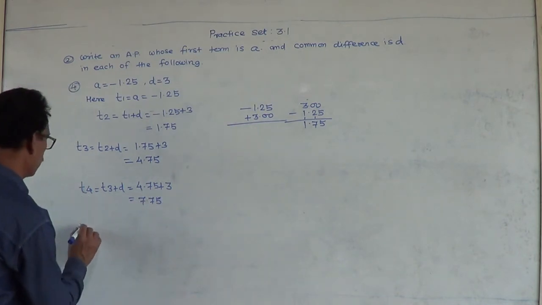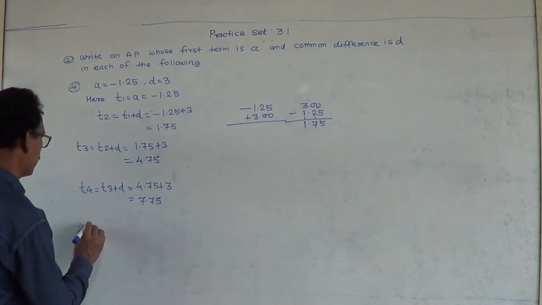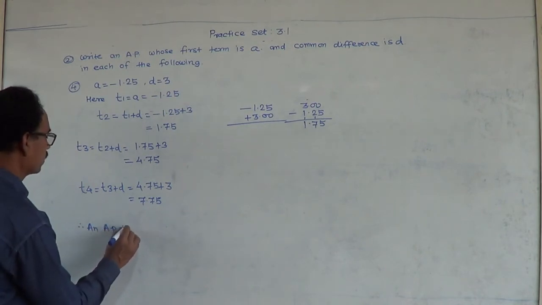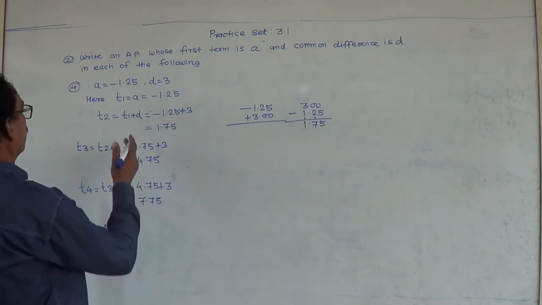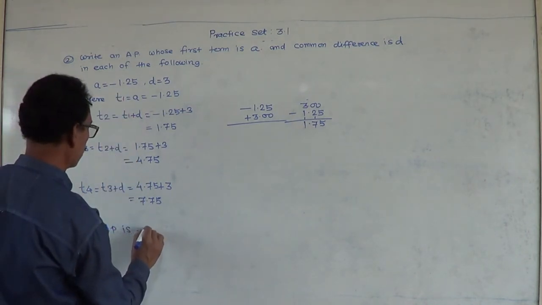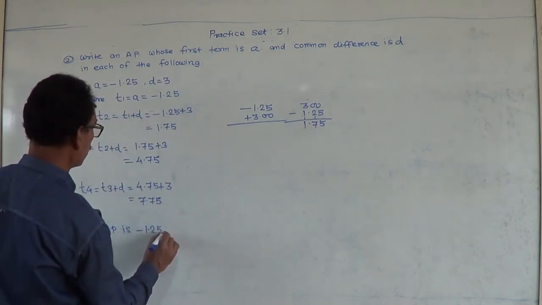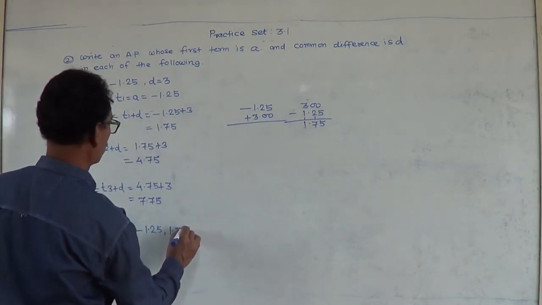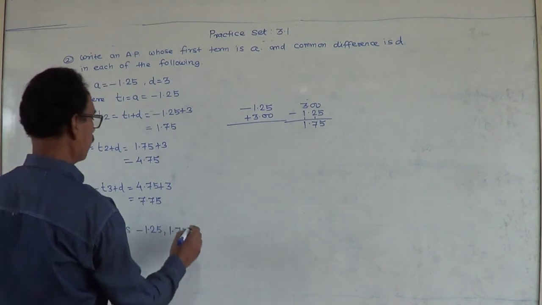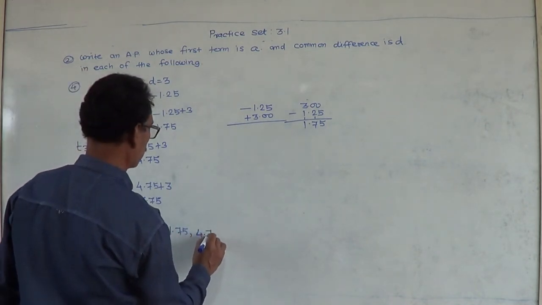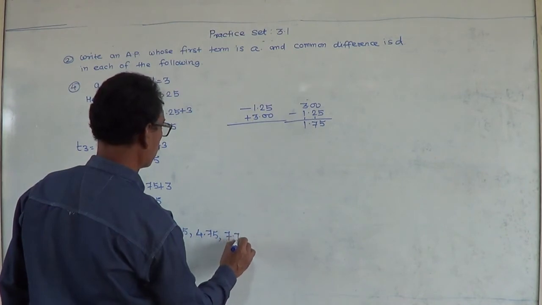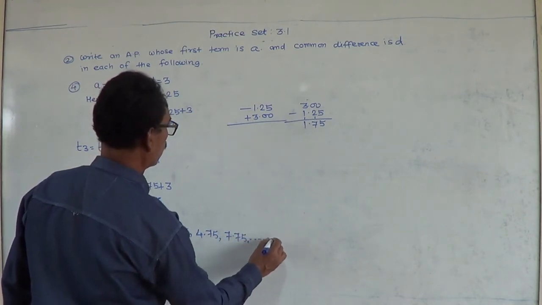And so an AP is, first term is minus 1.25, second term is 1.75, next term 4.75, next 7.75, and so on.